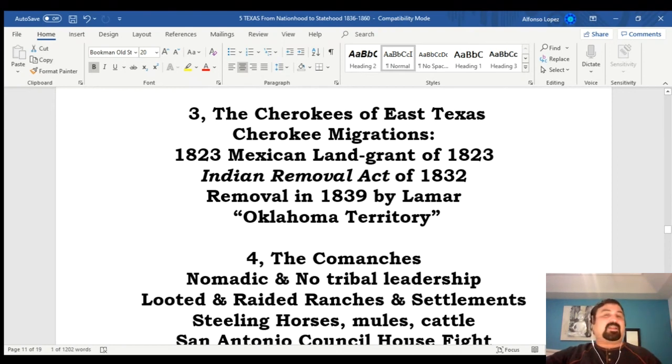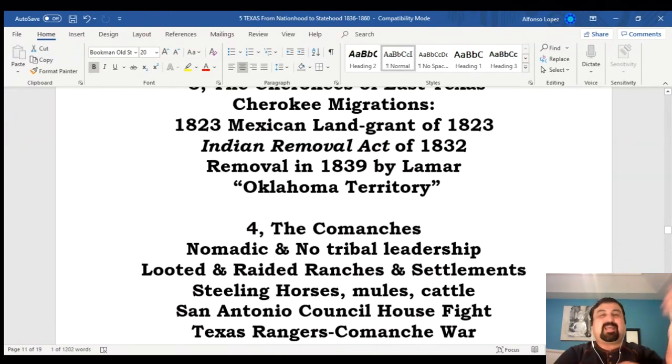But in 1839, when Texas was already independent, Lamar was now the president, the second president of the Texas Republic. Lamar, of course, had a different vision, a different philosophy regarding Indian relationships, and decided to remove the Cherokees from East Texas to go up north into the Oklahoma territory.